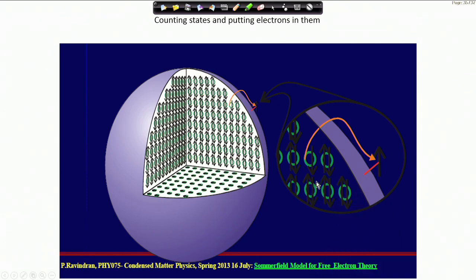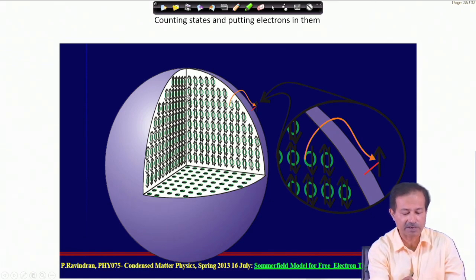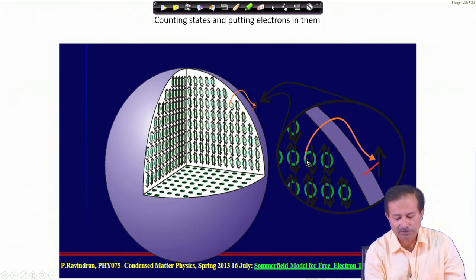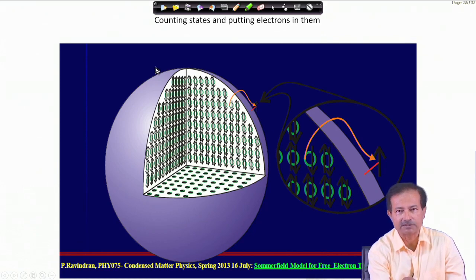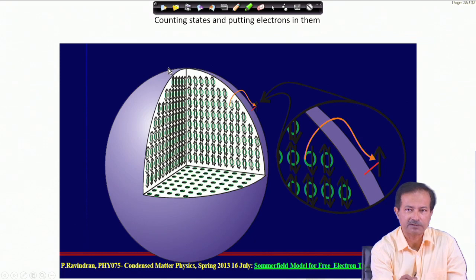In the ground state every allowed k value was filled up by 2 electrons each. To excite, all you have to do is take an electron outside this surface, because inside the surface every state is filled up, and outside the surface there are states which are empty.